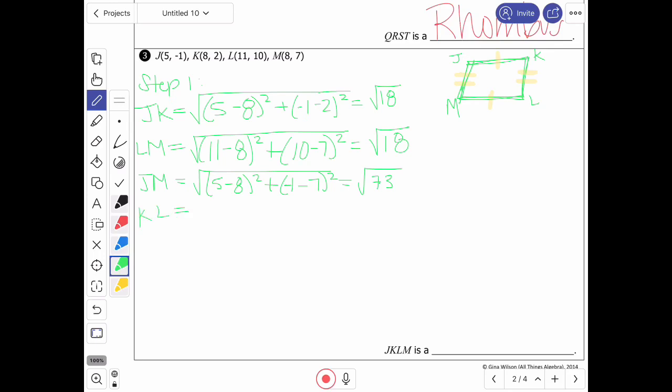So already I know that this is not a rhombus or a square because this is not radical 18, and these would not be all congruent to each other. So I'm hoping for KL I also get radical 73. KL, I also get radical 73, so I have shown that this is going to be a rectangle or a parallelogram just like number 1.